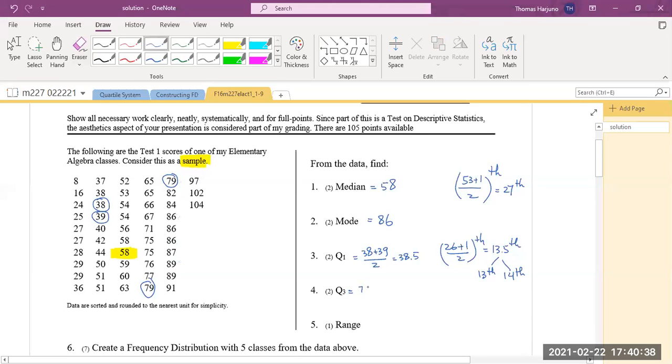So the third quartile is 79 plus 79 over 2. Remember, every time the median or the quartile is between two numbers, you have to write it this way. So that's for the third quartile.